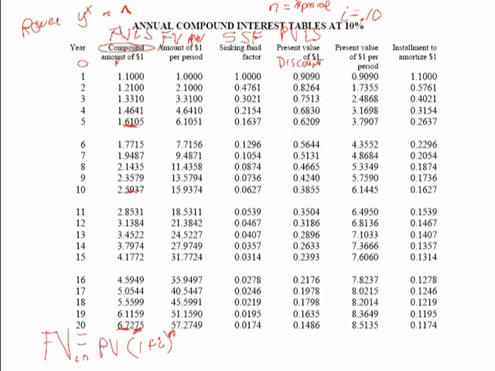We want to discount it to present value. It's kind of the opposite of compounding. And remember, compounding was over here in the first column, where we have some present value today, and we want to know what the amount's going to be at some future point in time. So we want to take the present and convert it to the future. With discounting, it's just the opposite. We take the future and convert it to the present.